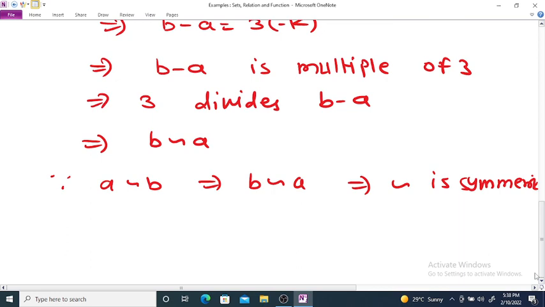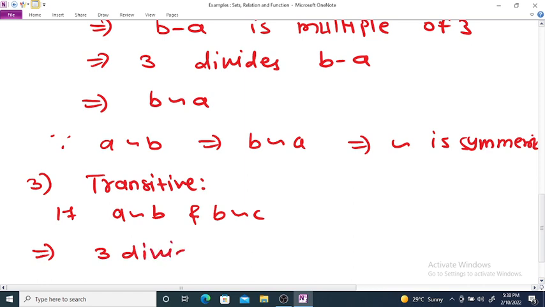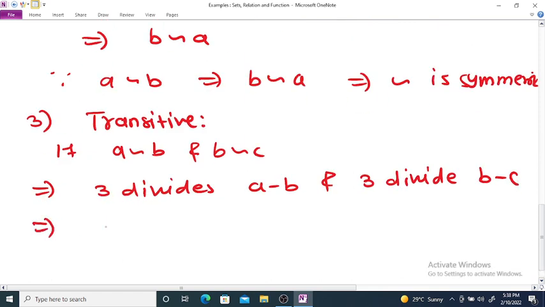Now next, number 3, transitive. Now if A is related to B and B is related to C, we want to show that A is also related to C. Since A related to B implies 3 divides A minus B, and B related to C implies 3 divides B minus C, A minus B and B minus C are multiples of 3.